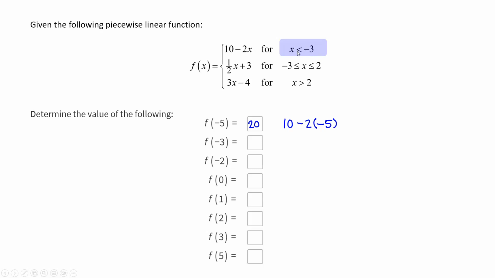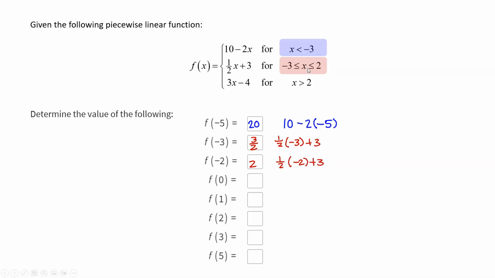So negative 3 doesn't fall in this category, it falls in this category, which means that now when you're substituting negative 3 into f of x, you're going to use this middle formula to do it. So the negative 3 is going to be substituted into this and calculated to be 3 halves, or 1.5 if you will. For negative 2, well, negative 2 is still in here, so you're going to substitute it into the same formula and calculate that out to be 2.